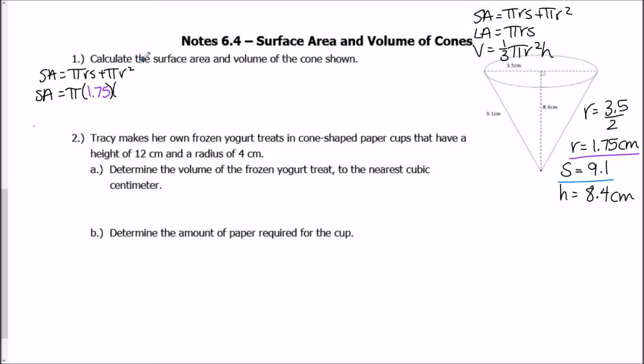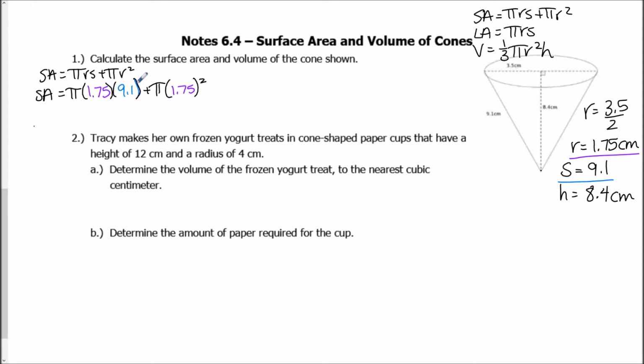Sorry, I'm just trying to color code this. Times 9.1, plus pi times the radius again, which we know is 1.75, but I'm going to square that value, okay?